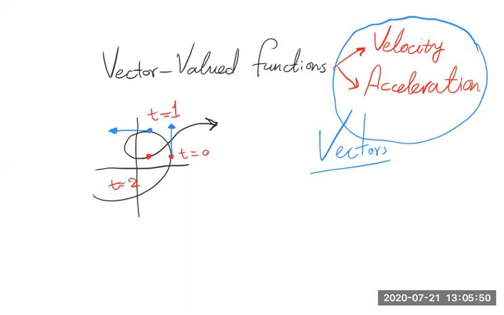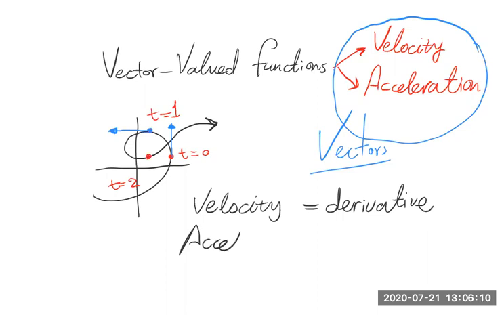The length of this tangent vector would show you how fast this thing is going. And we would get that all just by taking the derivative. So velocity comes from taking derivative of the function. Acceleration comes from second derivative, derivative of derivative.